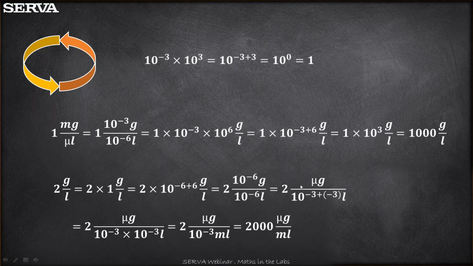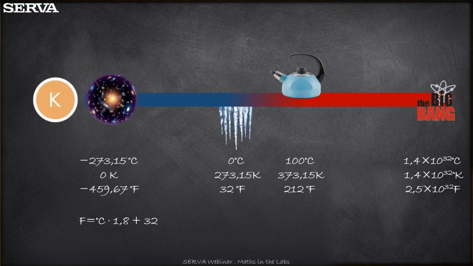You can divide this again via this rule, so you have 10 to the minus 3 times 10 to the minus 3, and then again you can write one of those as a prefix, so it becomes milliliters, and afterwards you can shift this number in front of the fraction and you would have 2000 micrograms per milliliter, converted from grams per liter to micrograms per milliliter. So please play with the rules and you will see that converting is not difficult at all.